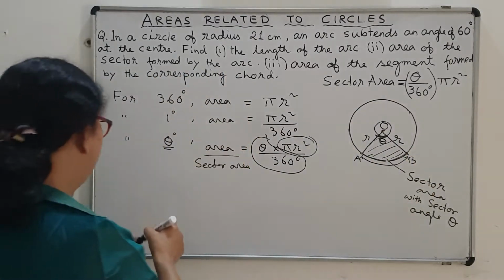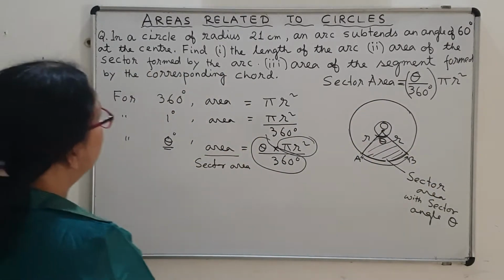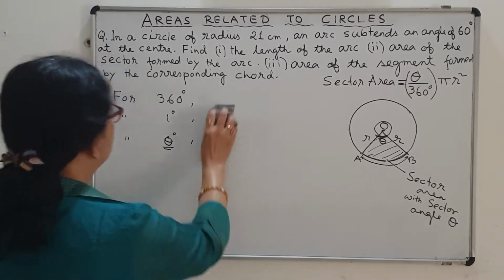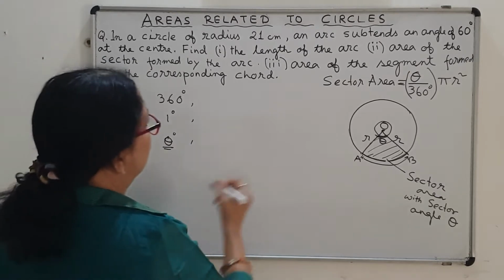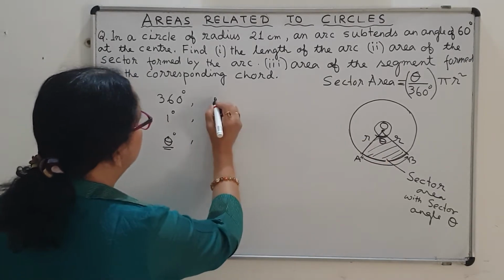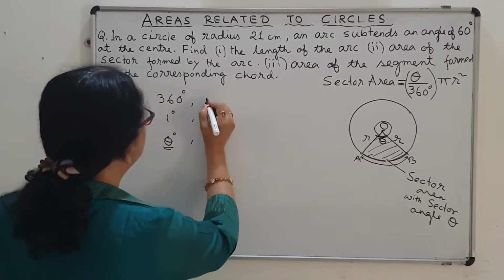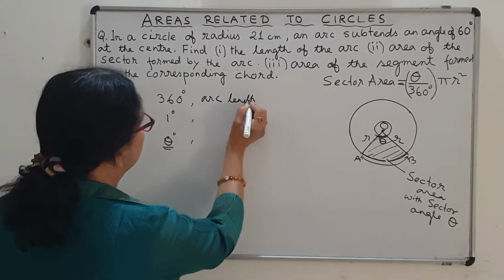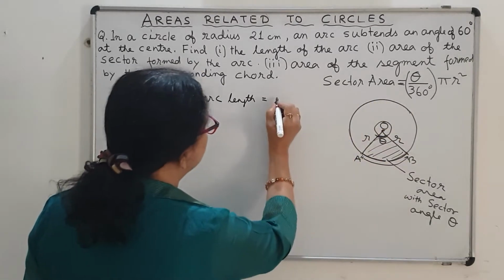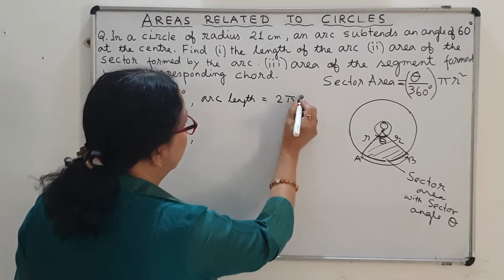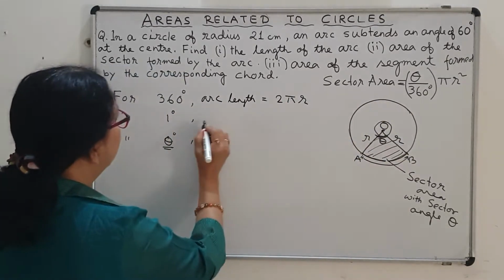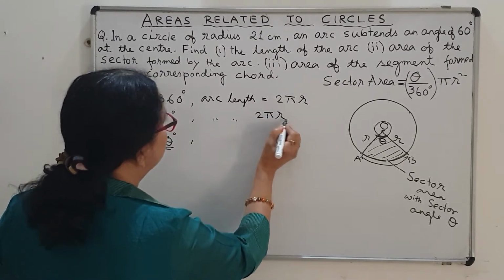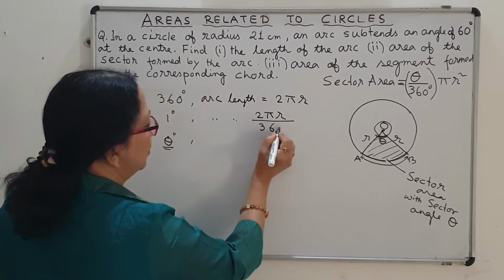So for 360 degree, the arc length is the circumference of the circle, that is 2 pi r. So for 1 degree, the arc length will be 2 pi r by 360 degree. That is, we are doing it by the unitary method.